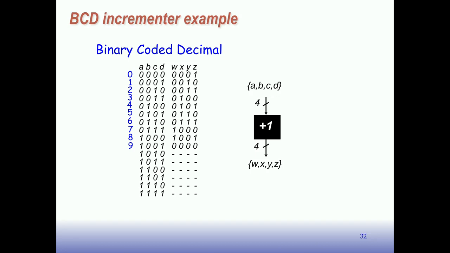Therefore, in our truth table here, where each column can be thought of as a function, I put a dash because that's saying don't care. We don't care what the circuit generates in that case because this value should never be seen at the input. So we're going to let the circuit do whatever it wants. And we can use that don't care condition to help us simplify the circuit.